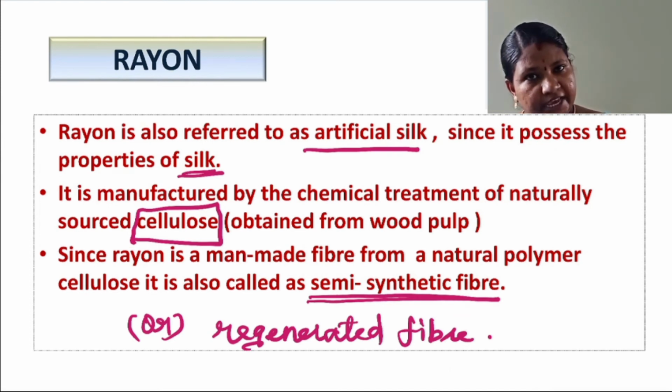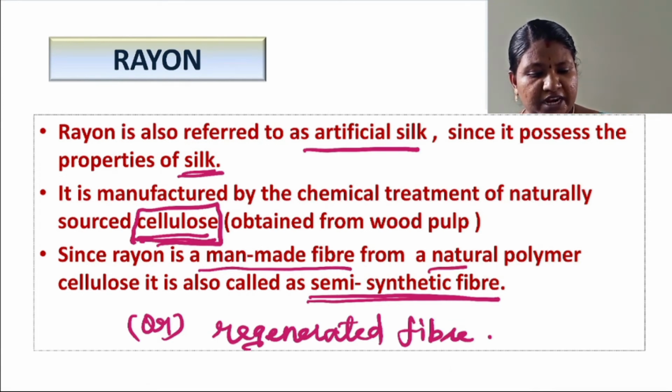The wood pulp is processed, and then chemicals are added to get this artificial silk called rayon. So though it is a synthetic fiber, the major ingredient is from a natural source: cellulose, obtained from the wood pulp.